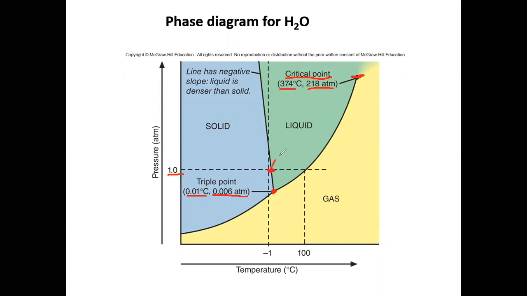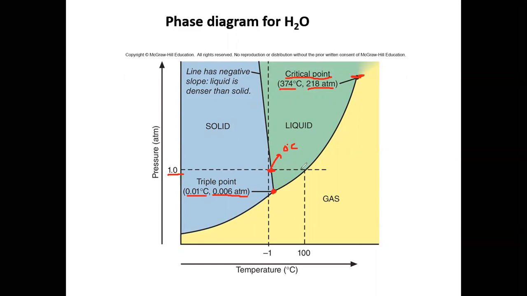It's just a smidge to the left of the triple point, and the triple point is 0.01 degrees Celsius, so you can imagine that the melting point is 0 degrees Celsius.